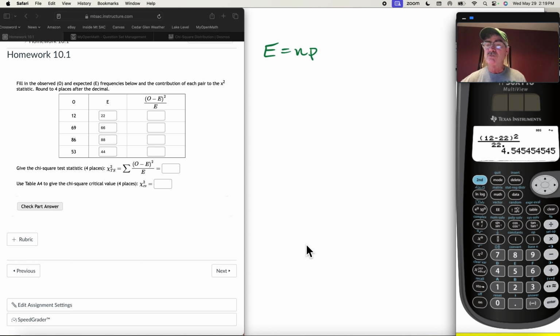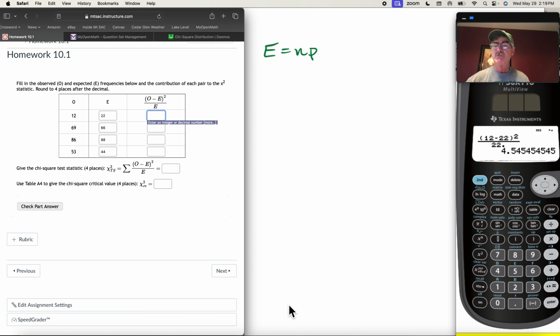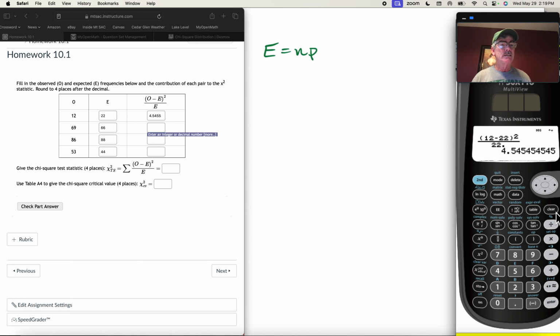And again, it wants 4 places, so we'll have to put in 4.5454, 55 actually. 4.5455, yeah. Okay, next one, I'll clear that.